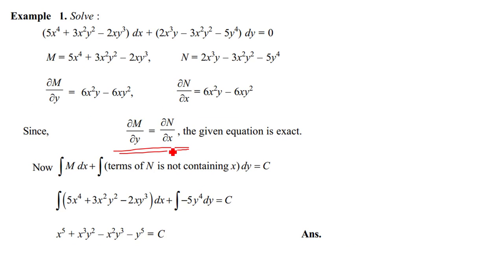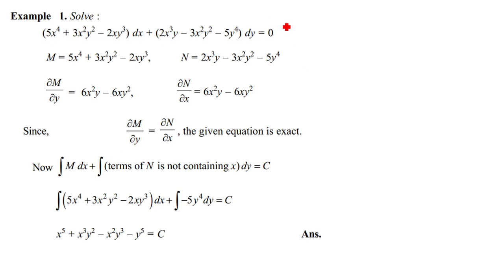After knowing that the equation is exact, you integrate this M with respect to x, and then integrate this with respect to y, and here you only integrate terms which contain only y, meaning the terms which do not have x. This is what happens here. And then from there you integrate 0, which gives you a constant.